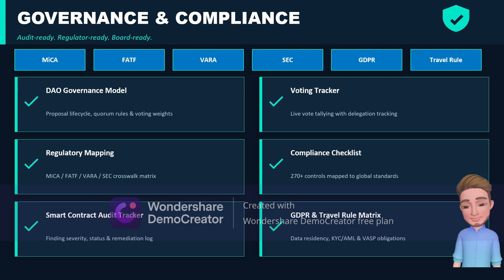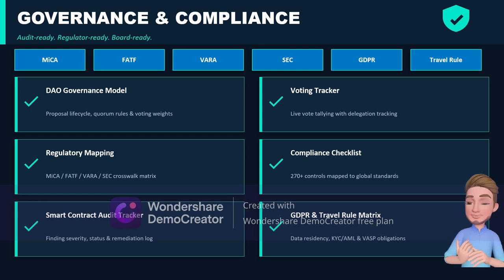Let's talk about governance and compliance. So compliance isn't a checkbox. It's your license to operate, with regulators globally accelerating their scrutiny of crypto and enterprise blockchain. MiCA in Europe, VARA in UAE, FATF guidelines, and SEC enforcement in the US, your organization needs a defensible, documented compliance posture.